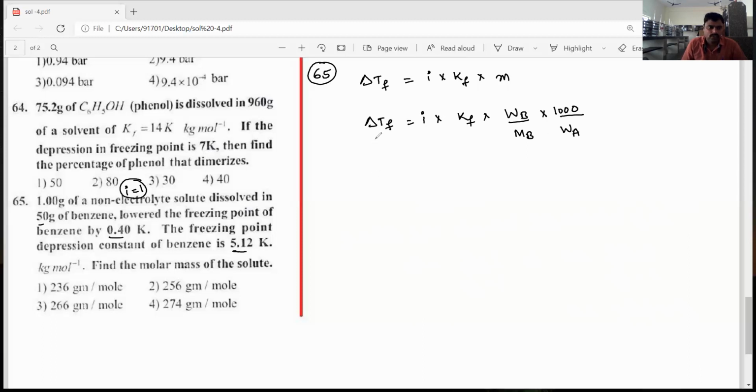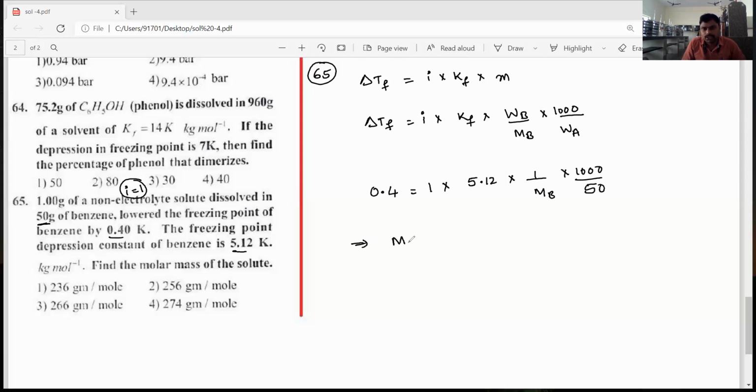Dear students, just substitute the given data. The depression, or lowering of freezing point, is 0.4. So 0.4 is equal to i value 1 and KF value 5.12 into the weight of solute, 1 gram, divided by its gram molecular weight, into 1000 divided by weight of solvent, 50 grams.